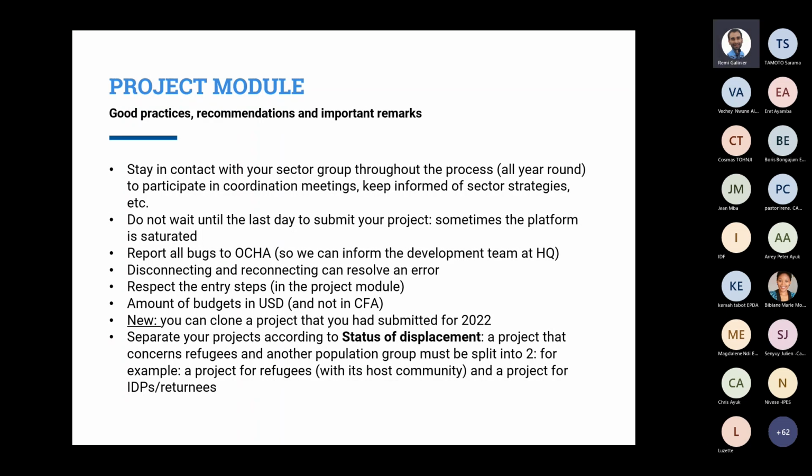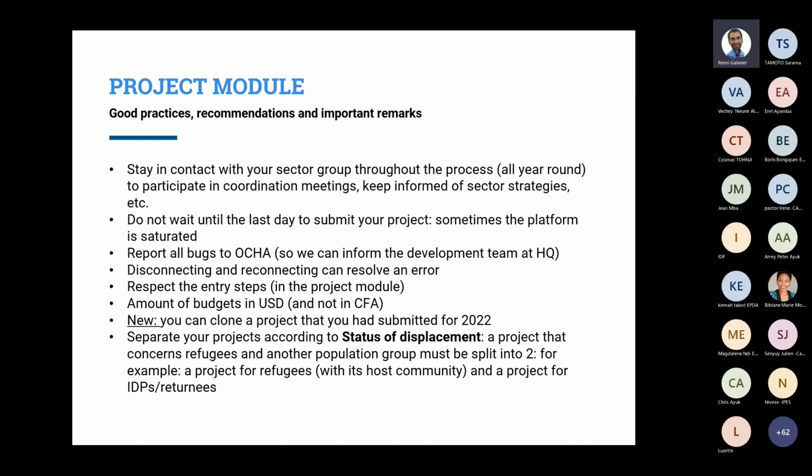Respect the entry steps within the project module interface. So go through the different steps one by one. Try to fill the form with all important information and mandatory fields. Another remark is the amount of budget is in US dollars, not in CFA. So try to use a converter. No need to be precise.